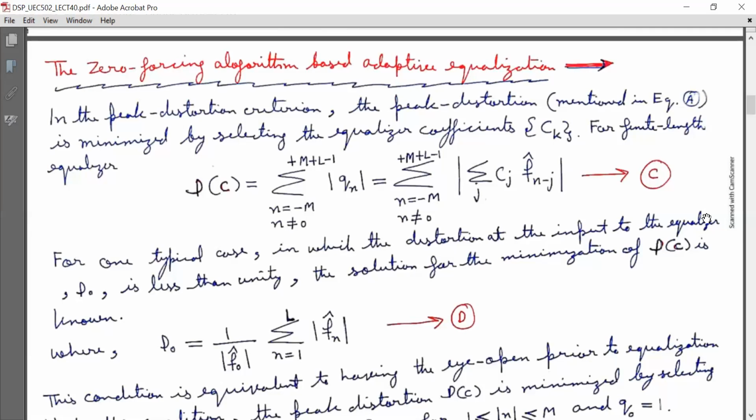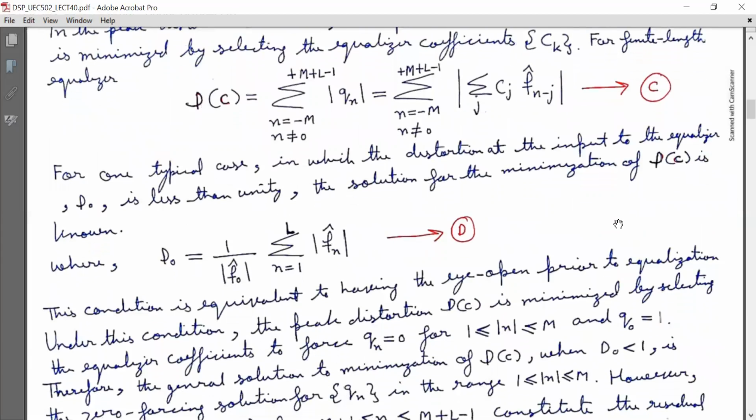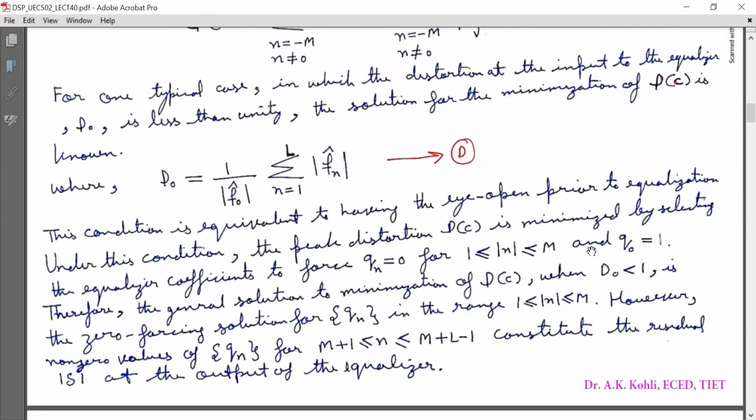For one typical case in which the distortion at the input to equalizer, D naught, is less than unity, the solution for the minimization of D(c) is known, where D naught is equal to 1 by magnitude F naught cap into summation n running from 1 to L, magnitude F cap n, marked as equation D. This condition is equivalent to having the eye open prior to the equalization.